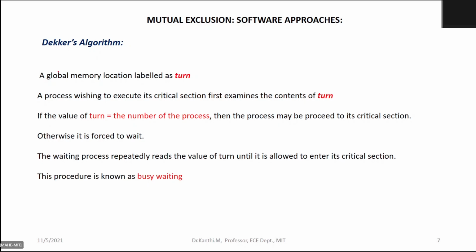So there are certain approaches to handle mutual exclusion. There's something like Dekker's algorithm. This may not be an efficient algorithm, but still let us try to understand the theory behind it.